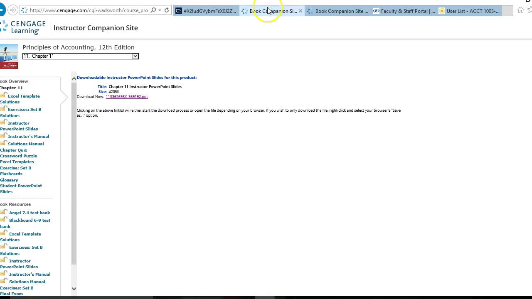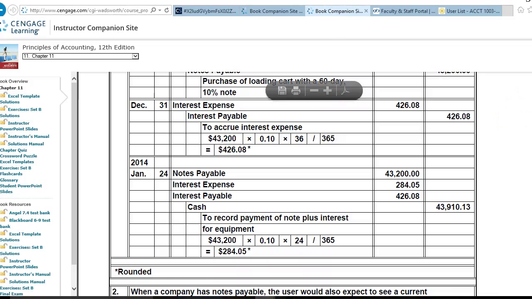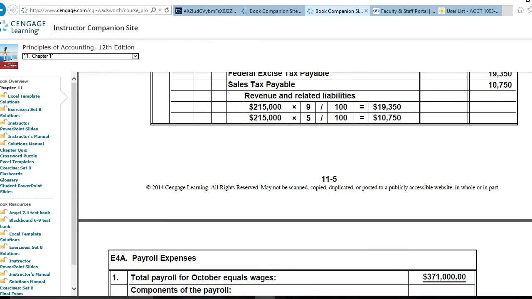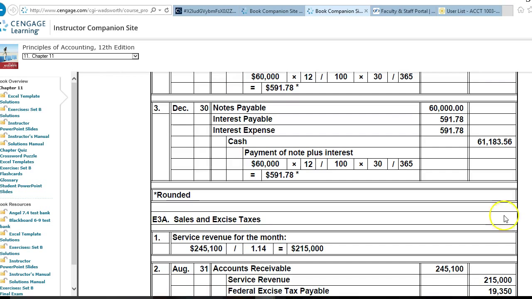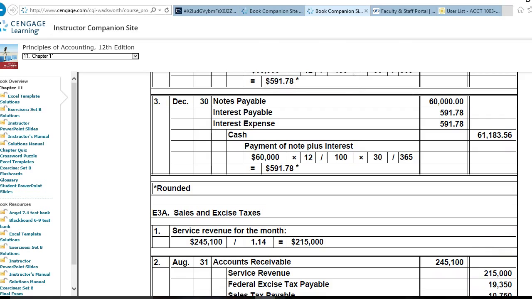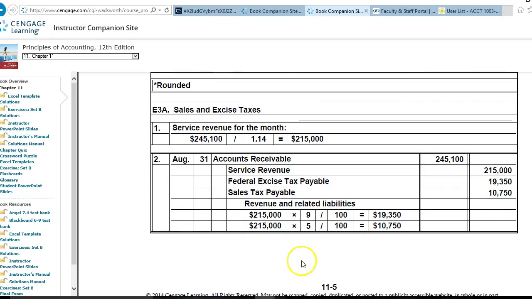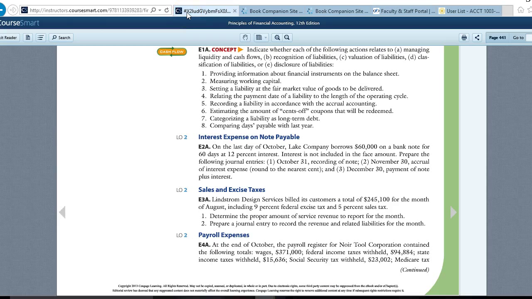So, as you see here, the $245,100 includes our 9% excise tax and our 5% sales tax.